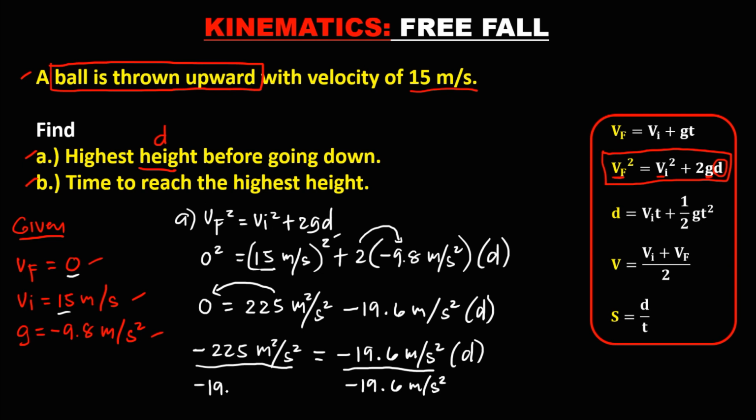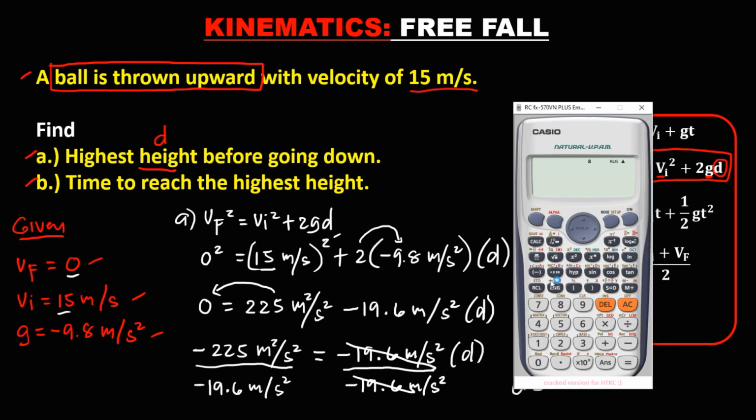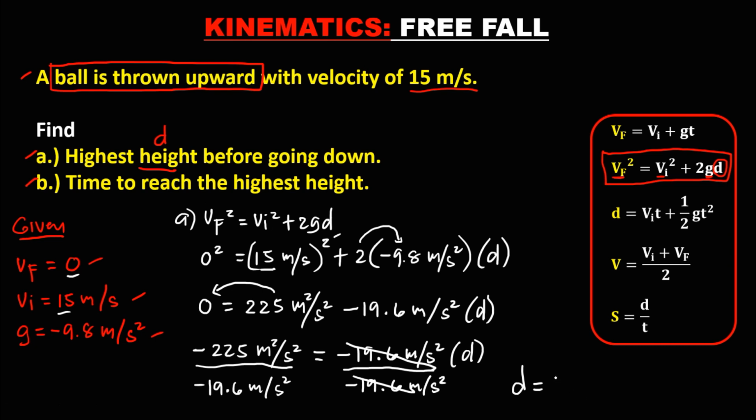So they cancel, and we have the displacement or the highest height equals negative 225 divided by negative 19.6, which equals 11.48.